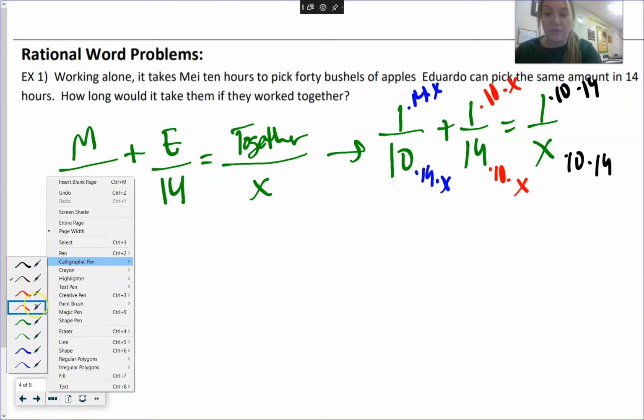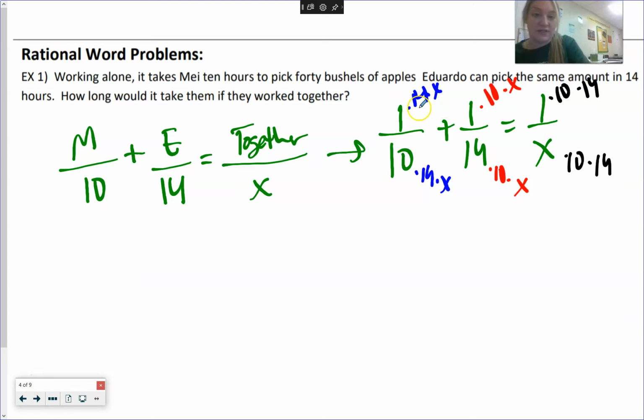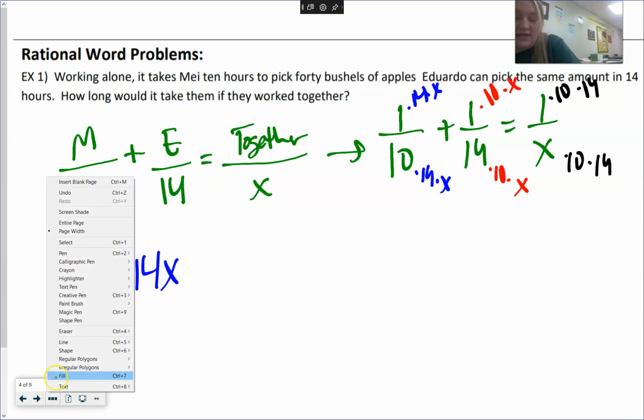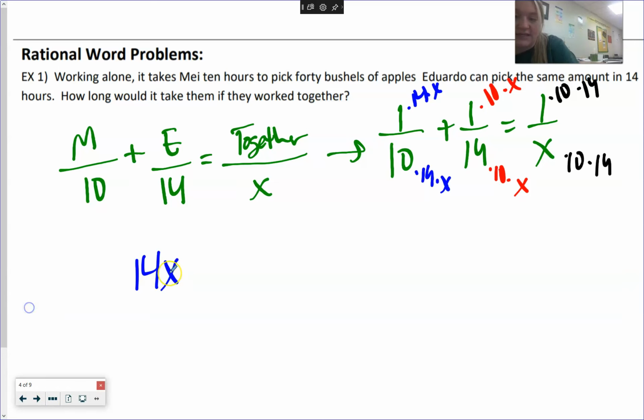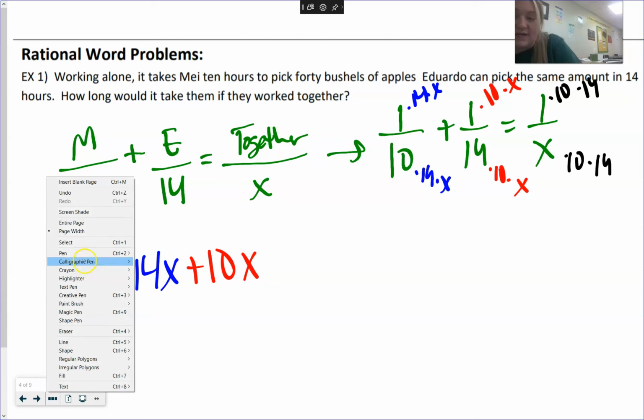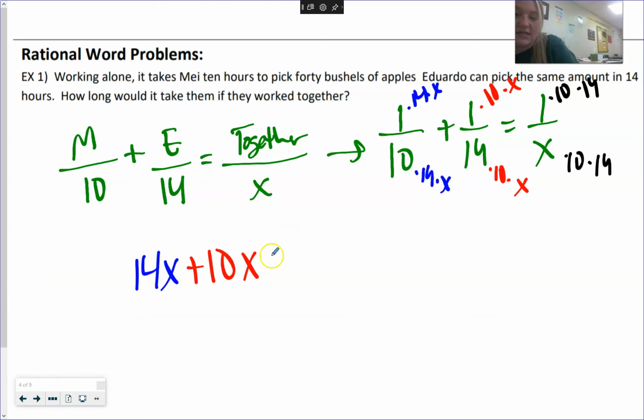Let's simplify my numerators. So 1 times 14 times x is just going to be 14x. 1 times 10 times x is going to give me a positive 10x. And then 1 times 10 times 14 is going to give me 140. Now we just solve for x. 14 plus 10 gives me 24x.